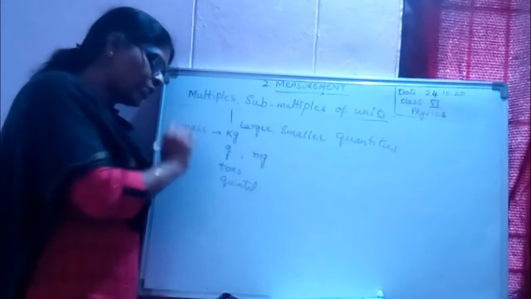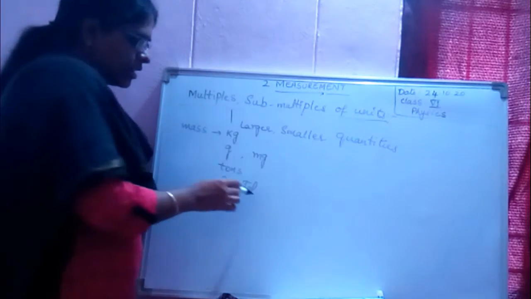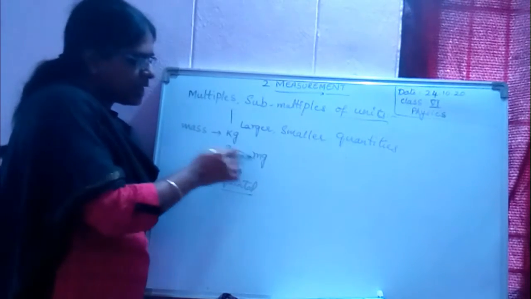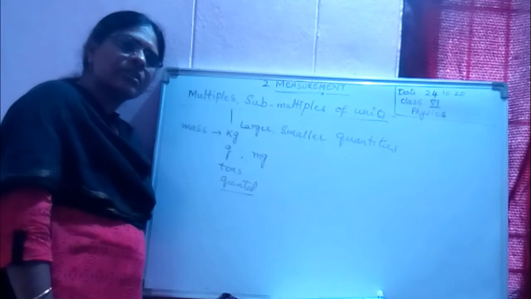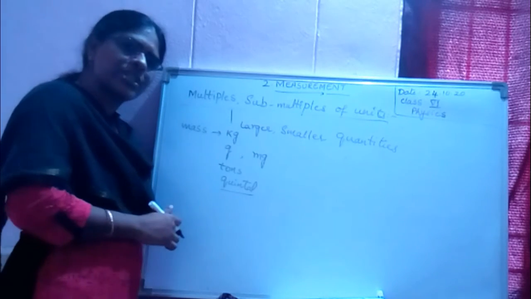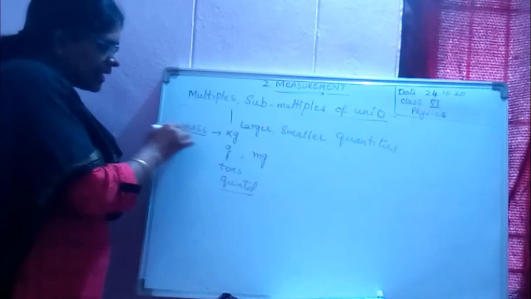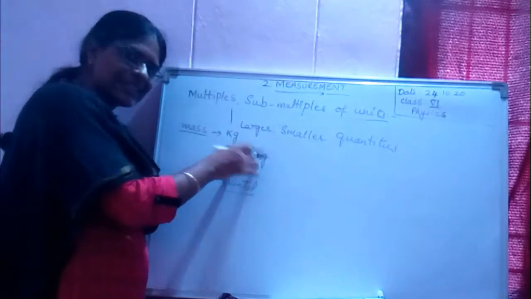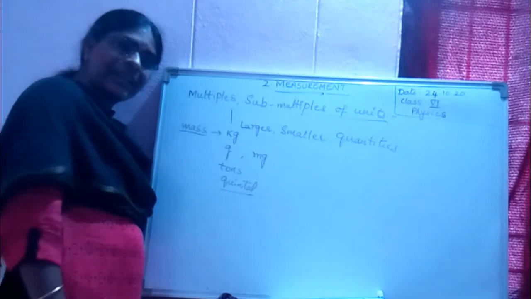Milligram, kilogram, gram, tons, quintal. Quintal is the higher value. Among gram and kilogram, which one is the smaller one? Gram. Between milligram and gram, which one is the smaller one? Milligram. In the case of mass, you can measure in smaller quantities like gram, milligram, and higher quantities like tons, quintal, metric tons.